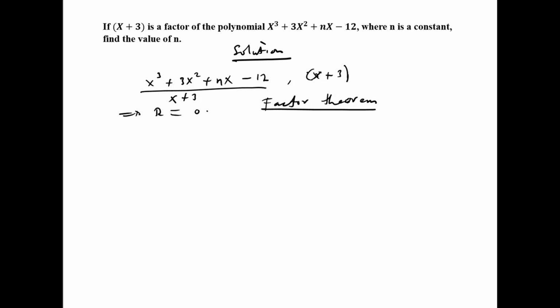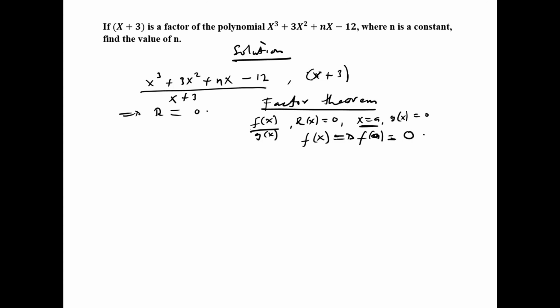The factor theorem says that if a polynomial f of x is divided by a polynomial g of x, and your remainder r of x will be 0, and the value of x, let's say a, for which g of x is equal to 0, if you substitute x equal a into our polynomial f of x, that is f of a, the solution will give us 0. That is the factor theorem.